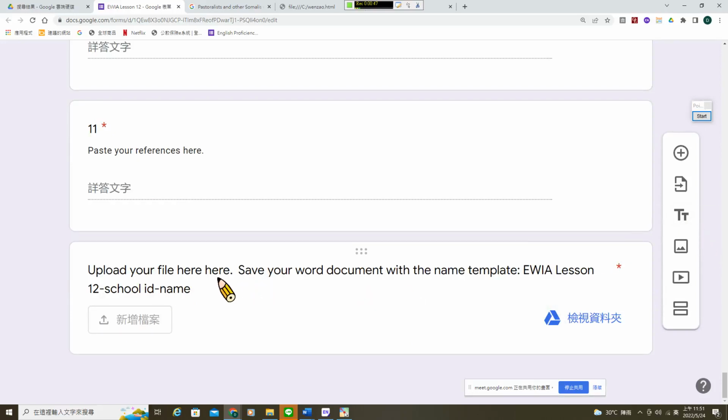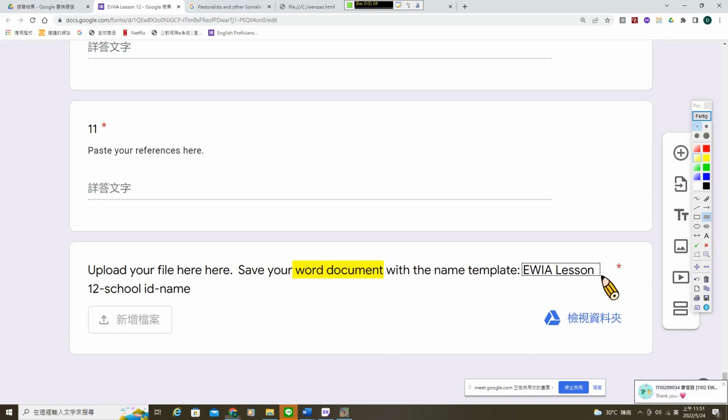This file must be a Word document, so please don't misunderstand the requirement here. This has to be a Word document, and the name of your file must be EWIA Lesson 12, and your school ID and name together. So remember, you have to save your file with this format, and it's very important for you to do this.